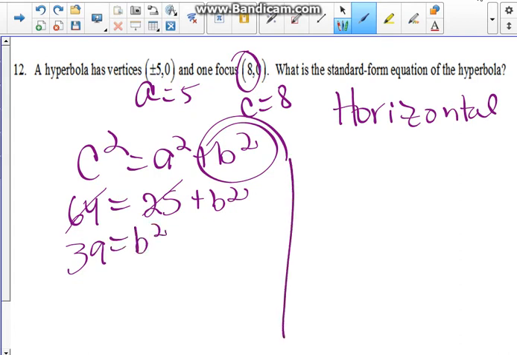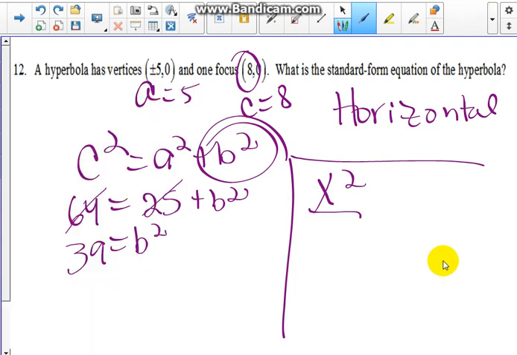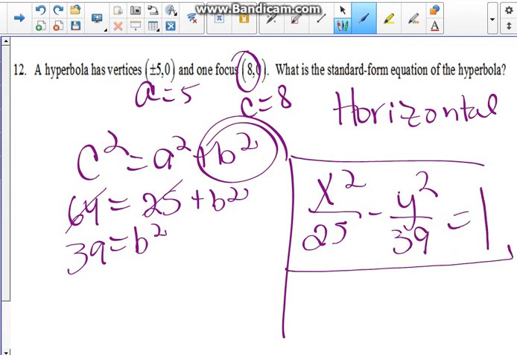So now we can create our formula. It's going to be x squared over 25 minus y squared over 39 equals 1. And that's our equation.